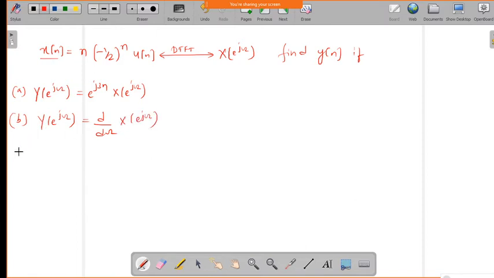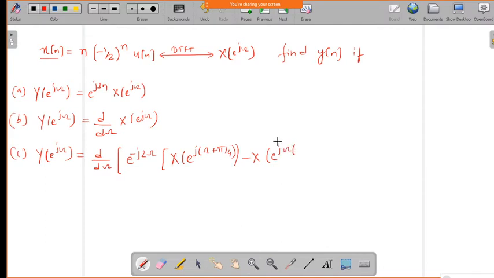So this is the second one, and for the third one, Y of e power j omega is equal to d by d omega of e power minus j 2 omega into X of e power j into omega plus pi by 4, minus X of e power j into omega minus pi by 4.